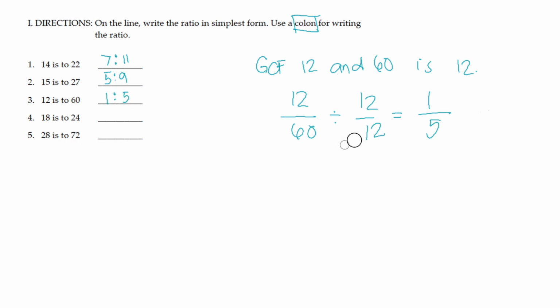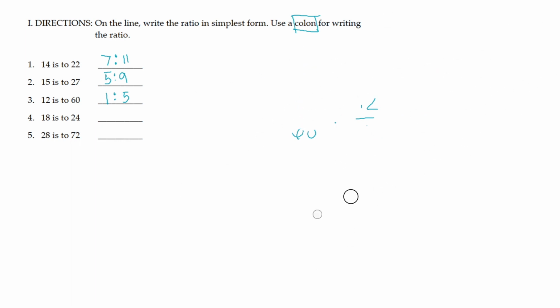So next, we have 18 is to 24. So in 18 is to 24, the GCF of these two numbers is 6. So the GCF of 18 and 24 is 6.